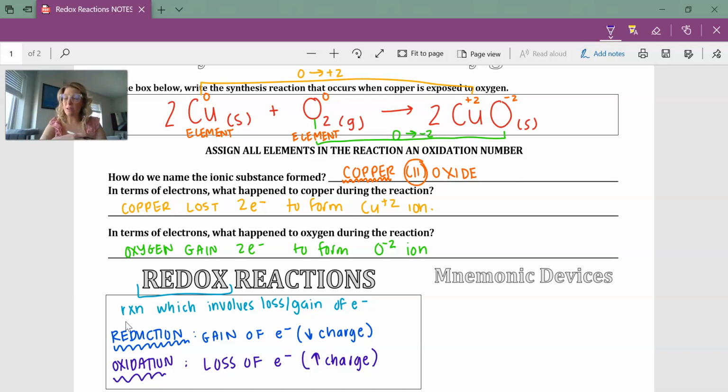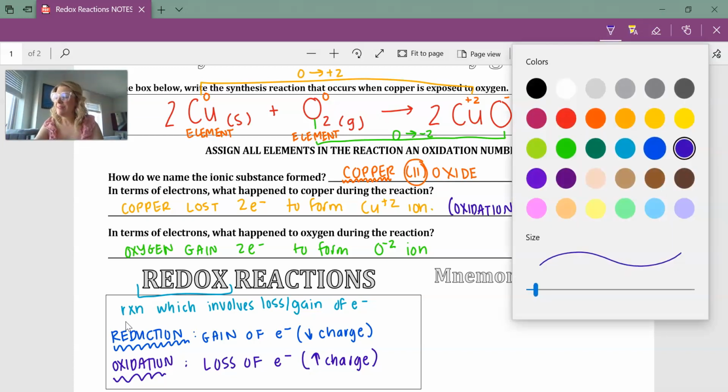Now, again, if we look back to our initial reaction and we say that the copper was being oxidized, is that actually the case? Is that true? Well, again, copper was losing 2 electrons, and so it is true that this is an oxidation reaction, and that when we say that the copper is being oxidized, that's true.